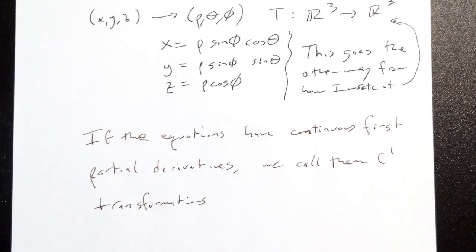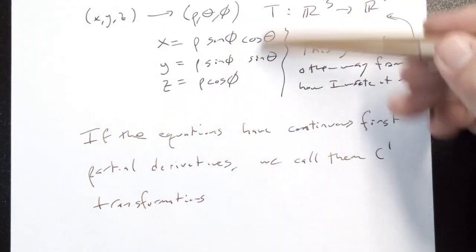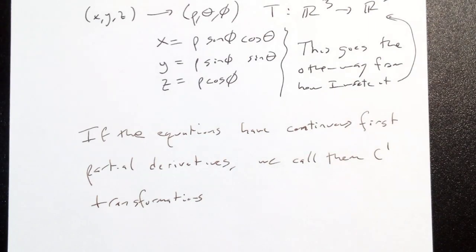And I'll use the same language I used before, and I'll call these C1 transformations if the first partial derivatives are continuous. So those equations for the x, y, and z out of spherical, those are continuous. Their derivatives are continuous. Whether I'm taking that derivative with respect to rho or phi or theta, those have continuous first partial derivatives. Whereas in the other direction, they're not.